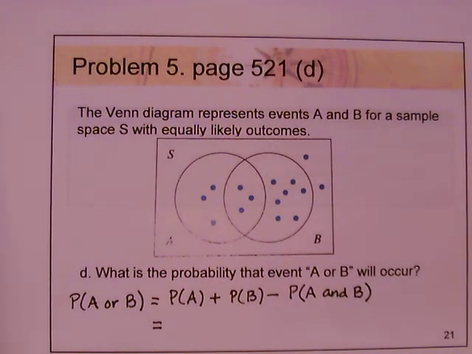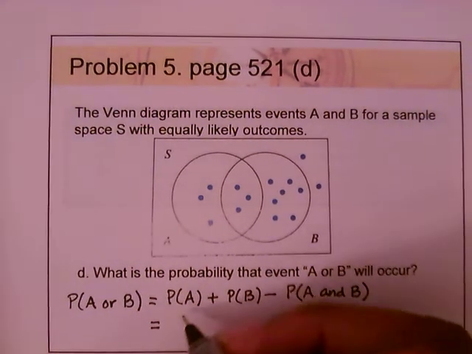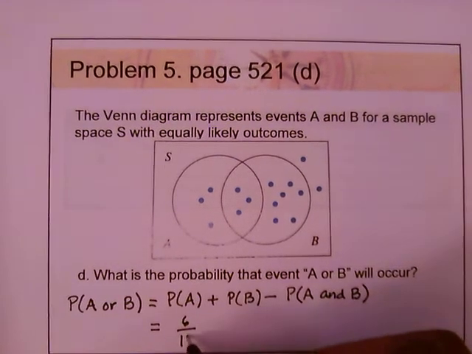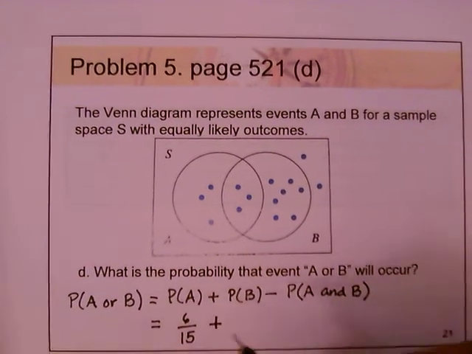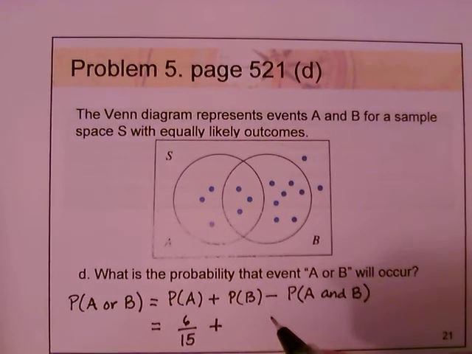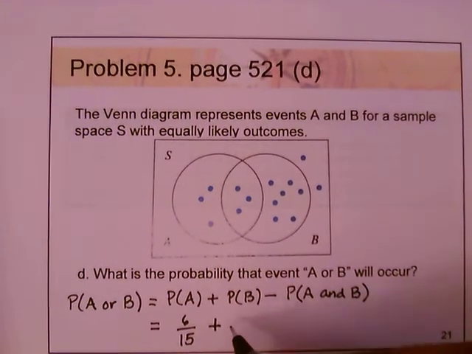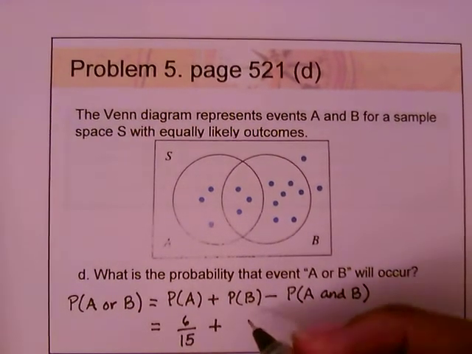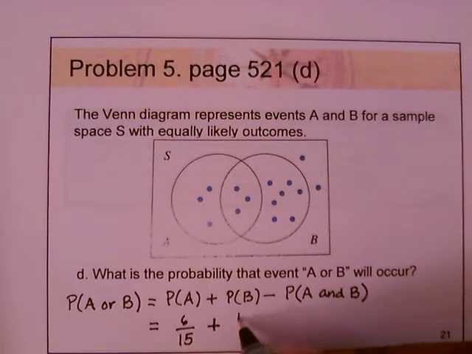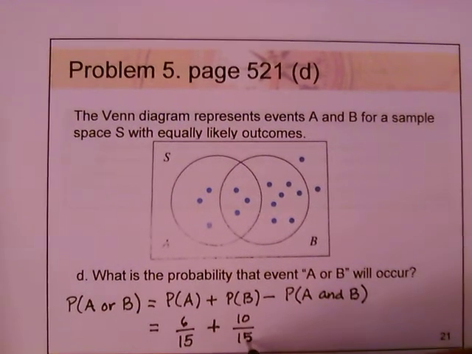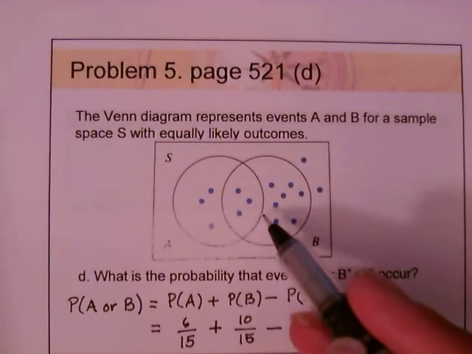Now back in parts A and B of example 5 in the earlier slide, we found the probability of event A, and I'm going to use 6 over 15. And then plus the probability of event B occurring was 10 over 15. But we need to subtract off the overlap.